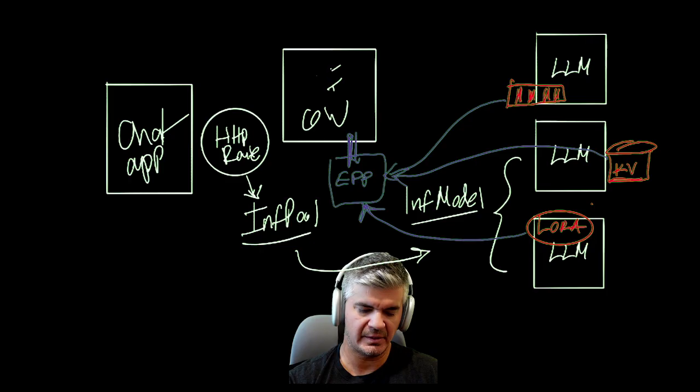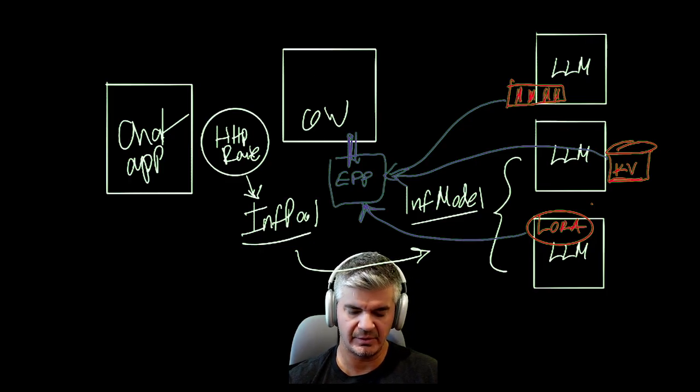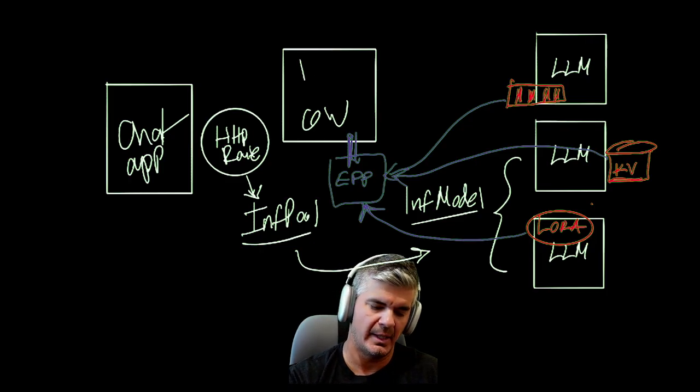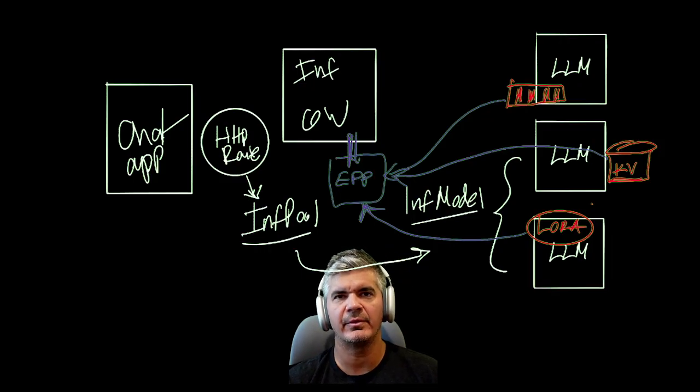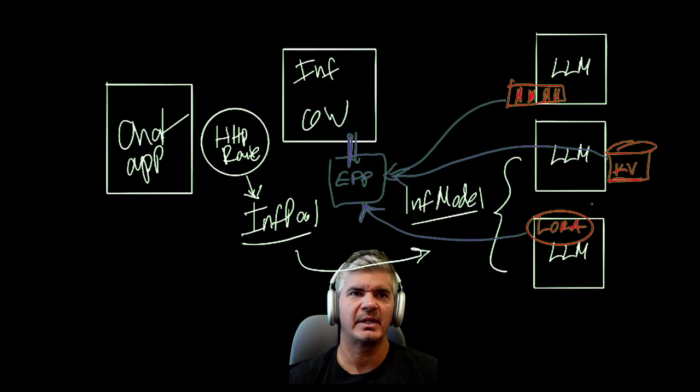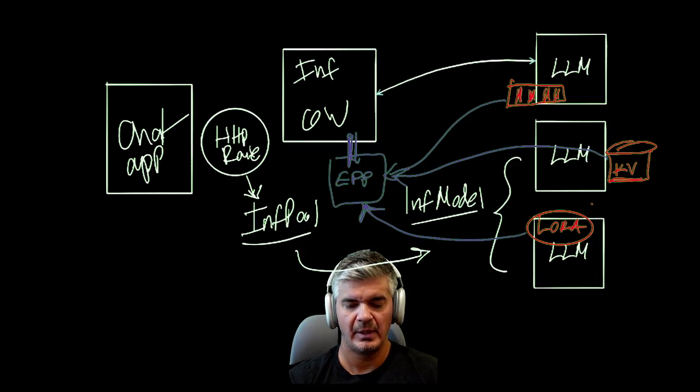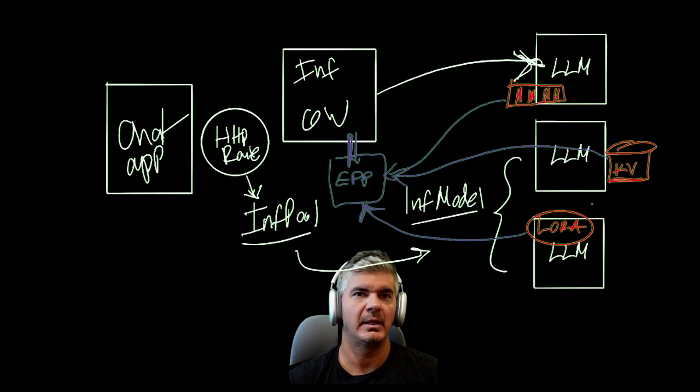And in this case, we'll consider this a specialized type of gateway, an inference gateway. And so with that information, the inference gateway is able to make smarter routing decisions for those prompts and route traffic correctly to backend LLMs.